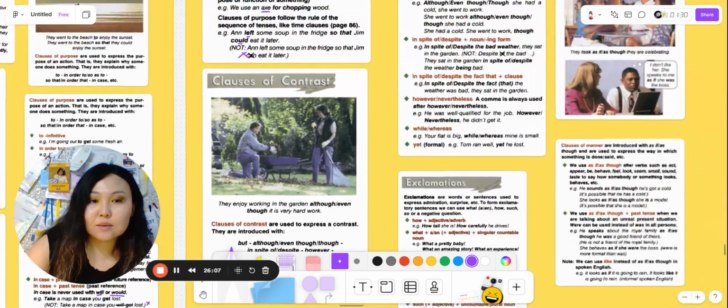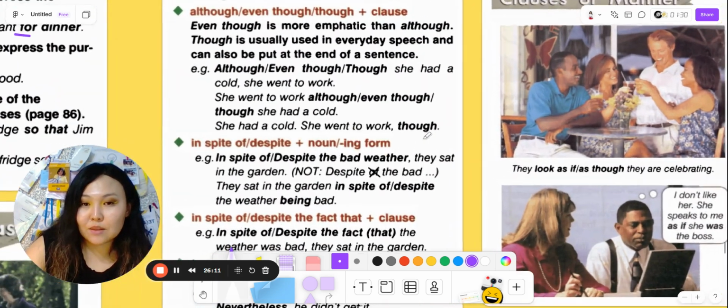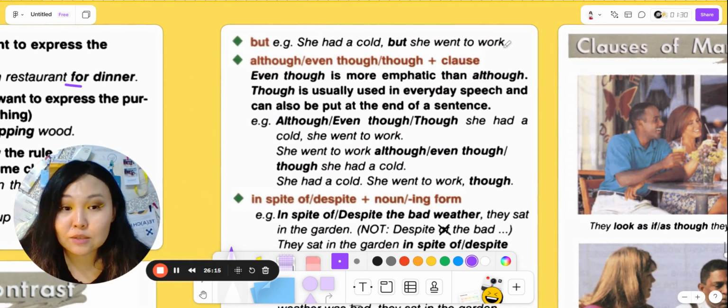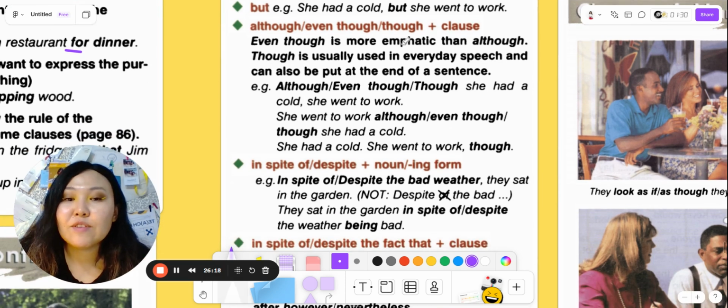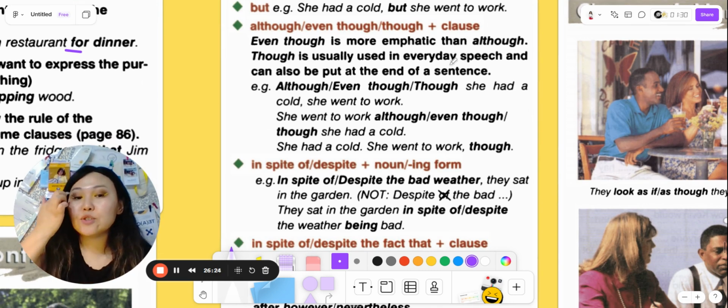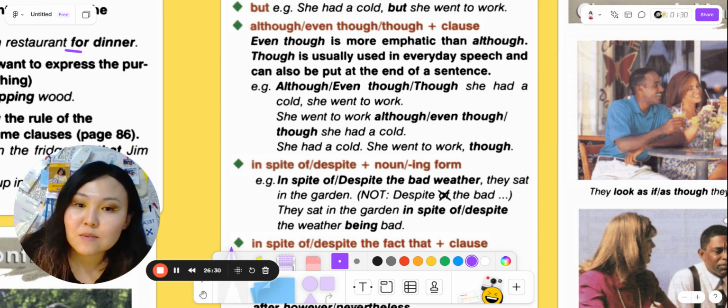We are going to look at some examples as usual. Okay, but. She had a cold, but she went to work. The contrast. Although, even though plus clause. Even though is more emphatic than although. Though is usually used in everyday speech, and it can also be put at the end of the sentence.